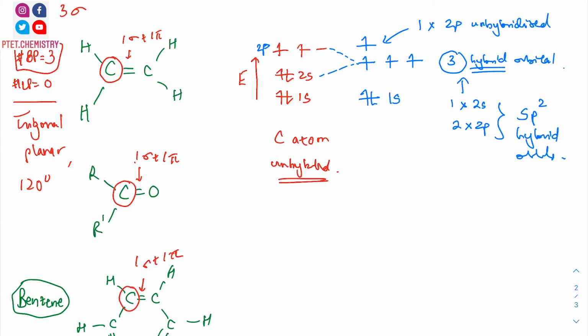When my carbon forms 3 sigma bonds only, it will have sp2 hybrid orbitals because 1 plus 2 is 3. These are carbon sp2, these are carbon sp2, these are carbon sp2. I'm looking specifically at the circled carbon, yeah?